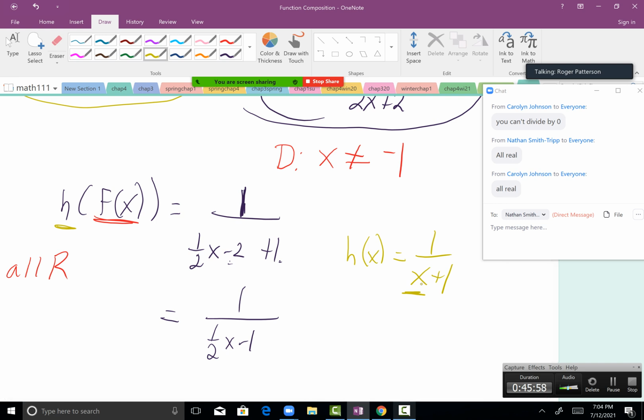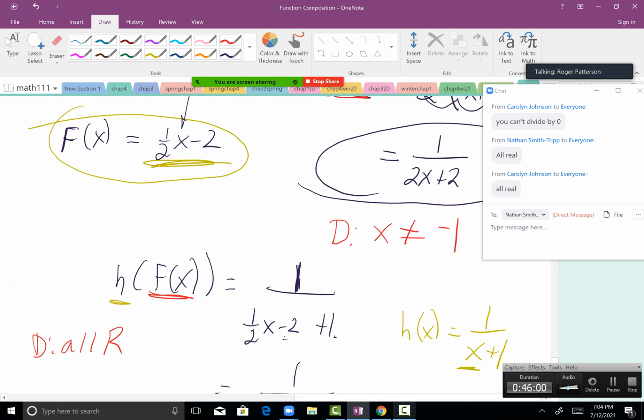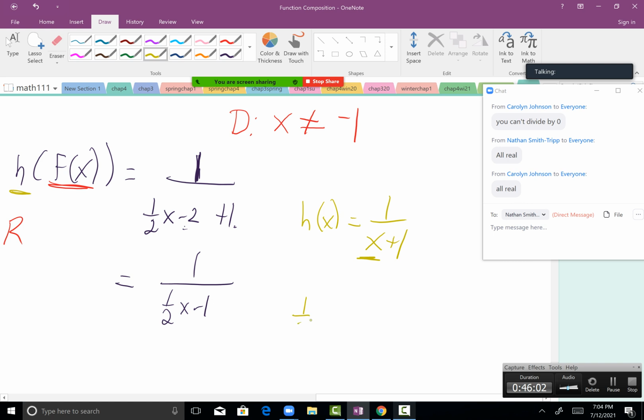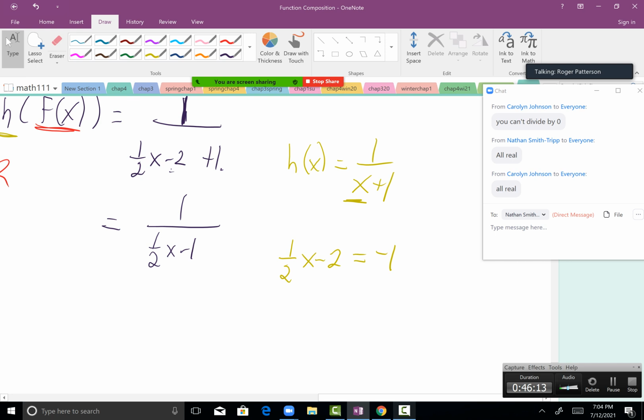So that means I have to go back to my f function and I have to set it equal to -1 to find out what x value is giving me that output. So I'm going to just work this out.